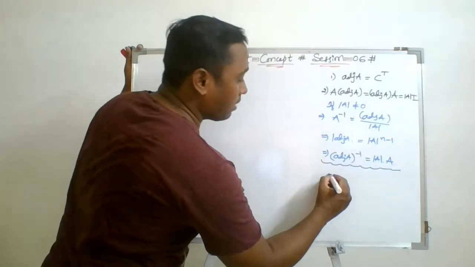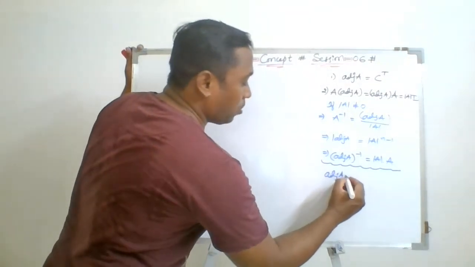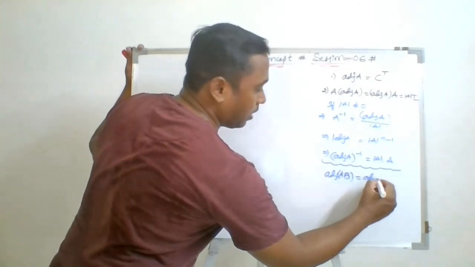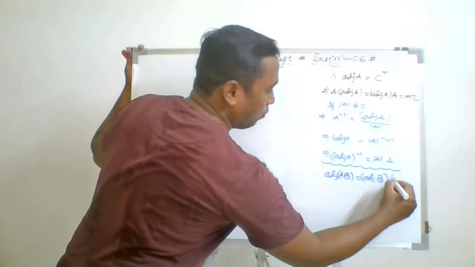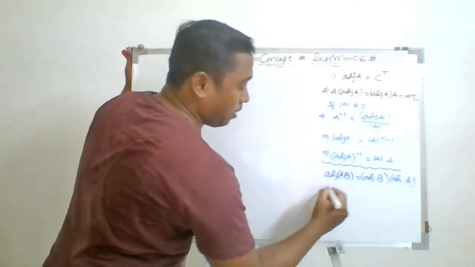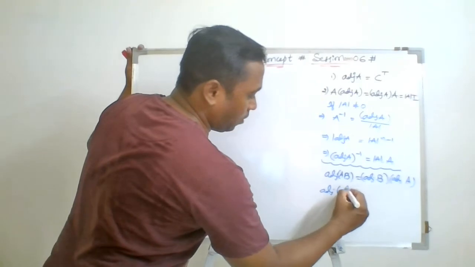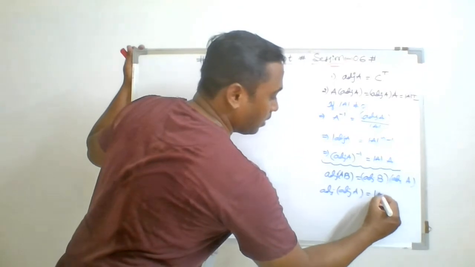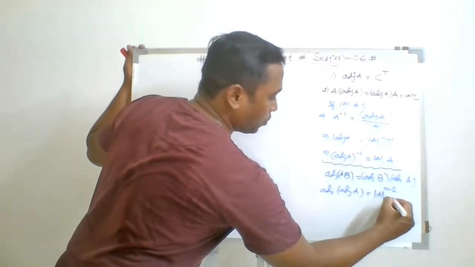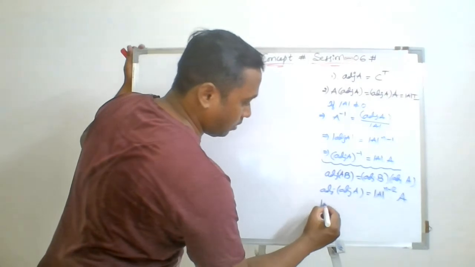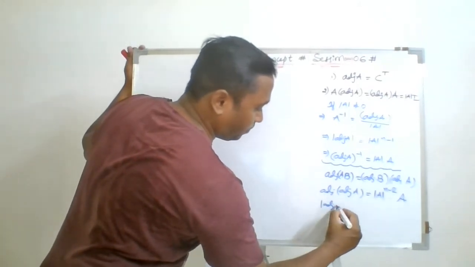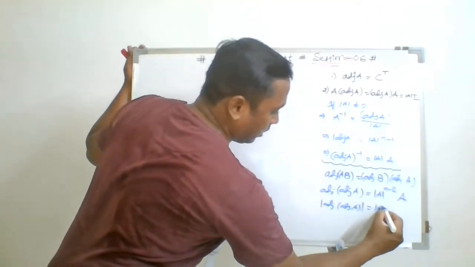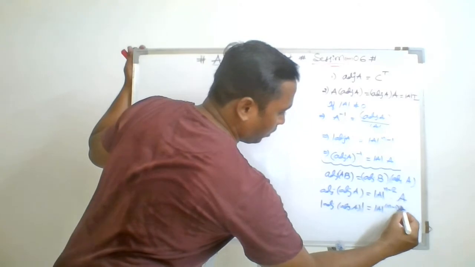Now I am just writing the properties here. Adjoint of A into B, product of two matrices, is simply adjoint B into adjoint A. Apart from this, adjoint A is simply given as det A to the power of n minus 2 into A. And the last, here I am writing, adjoint of adjoint A is simply det A to the power of n minus 1 the whole square.